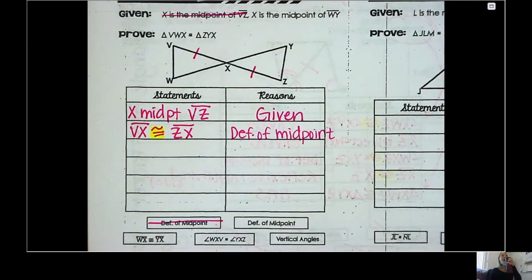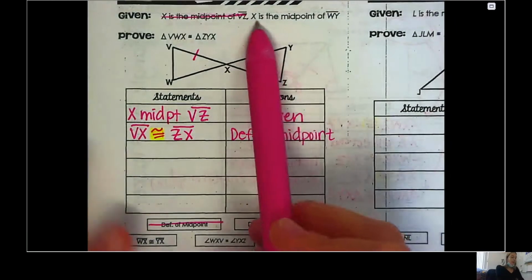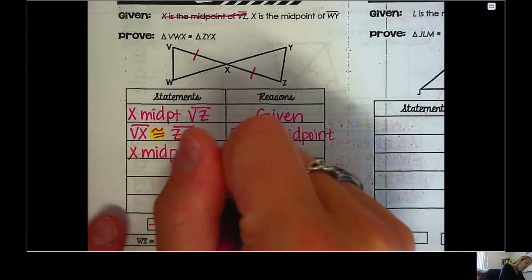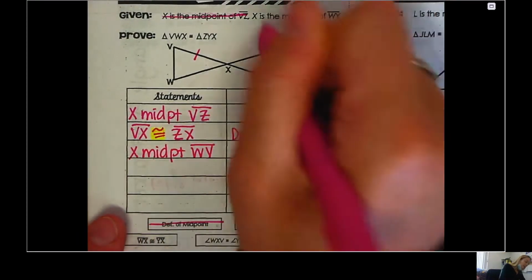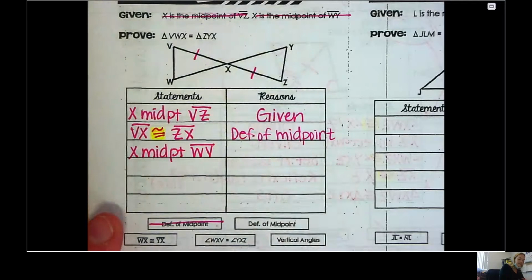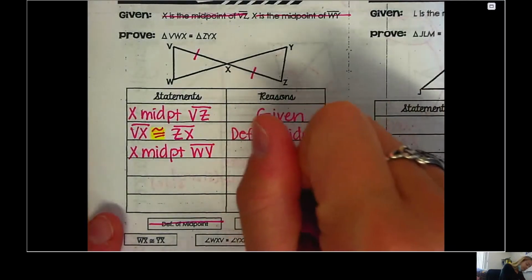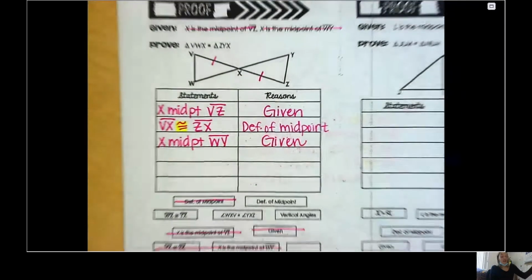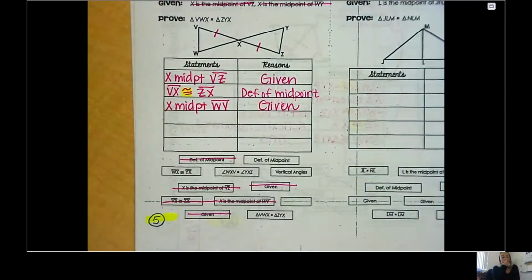The other half of the given. What's the other half of the given? Good. Now I'm going to put my next given. X is the midpoint of WY. And again, that is given. Okay, so now just noticing the pattern here. What do you think my next statement's going to be?